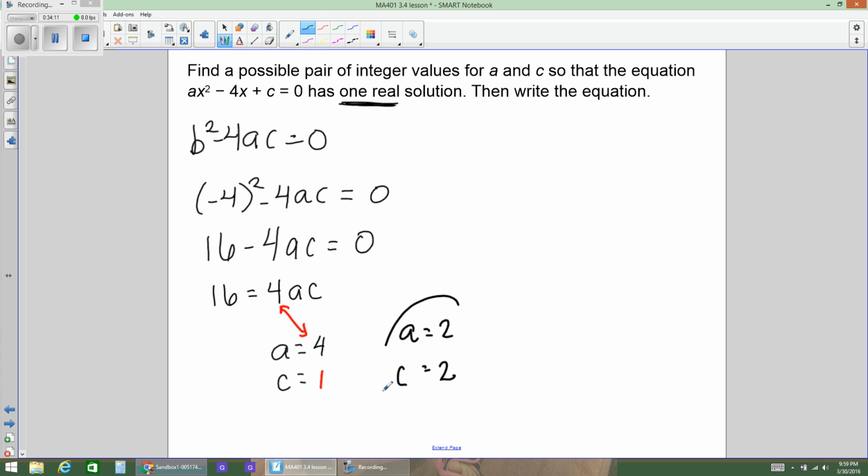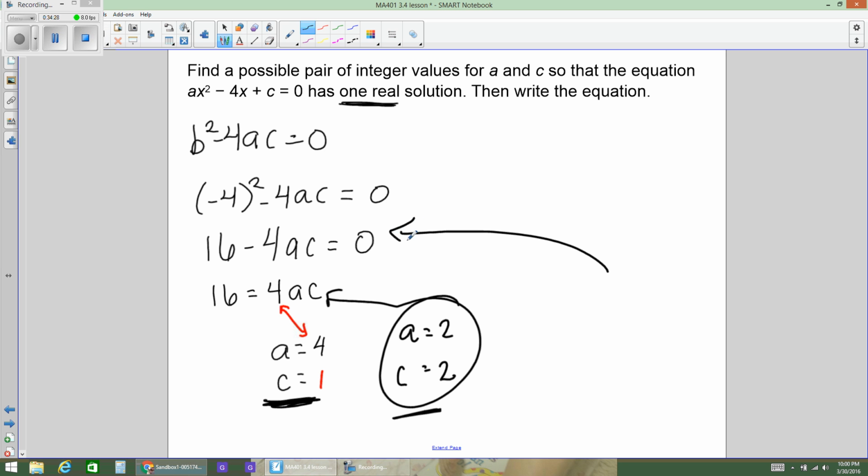Because when I plug them in, they would give me 16. Okay, so we have found 2 possible pairs. I'm sure you could think of another one. And we have written our equation. Our equation is right here.